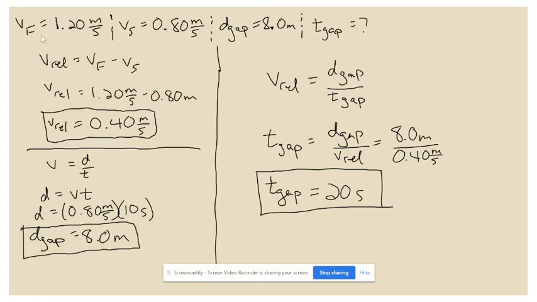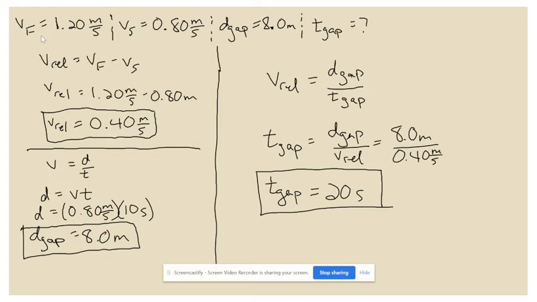So what we are going to talk about right here is the variety of ways you can represent motion, whether that be some sort of diagram or some sort of written explanation or some sort of graph. There are a variety of different ways that you can describe how an object is moving besides simply doing algebra.